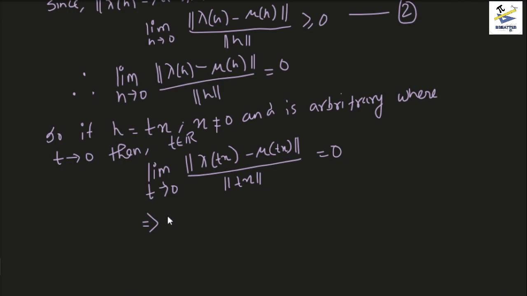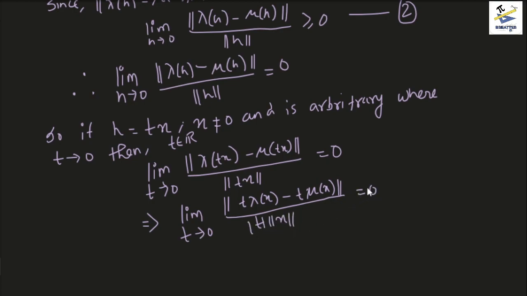So what happens here is, since lambda and mu are linear operators and t is a constant, we can write this as t into lambda of x minus t into mu of x, divided by mod of t into the norm of x, equals 0.